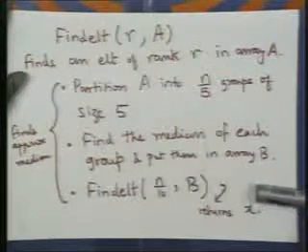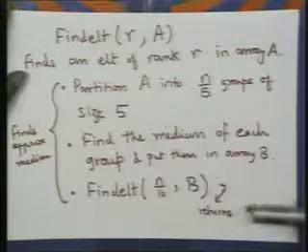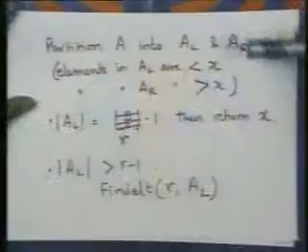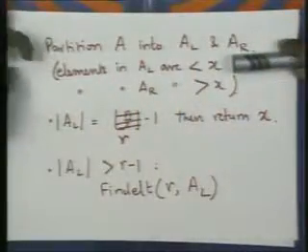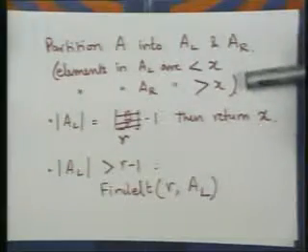Now find the median of these medians. This returns an element x which will be an approximate median, and we are now going to partition with respect to x. So partition A into AL and AR with respect to x. These are elements smaller than x and those larger than x. And now we are going to recurse on one of these two paths. That depends on the rank of this element x.